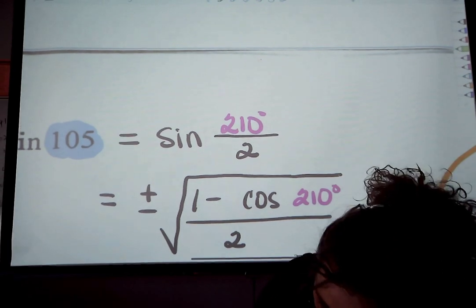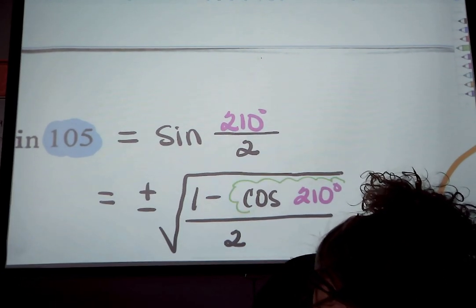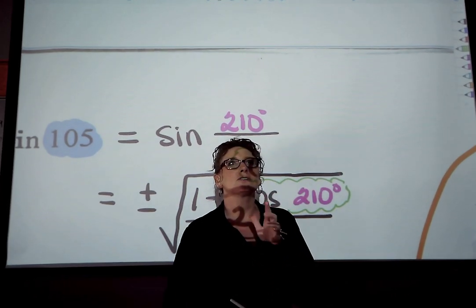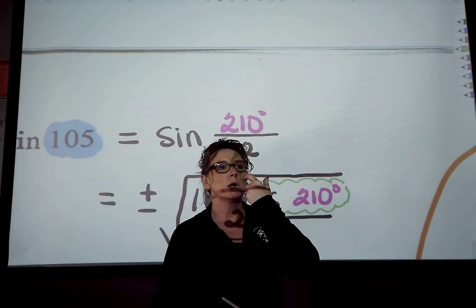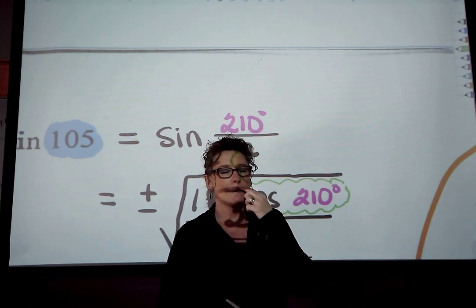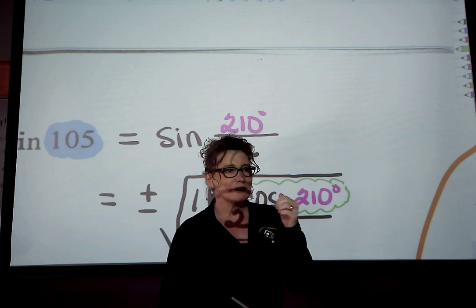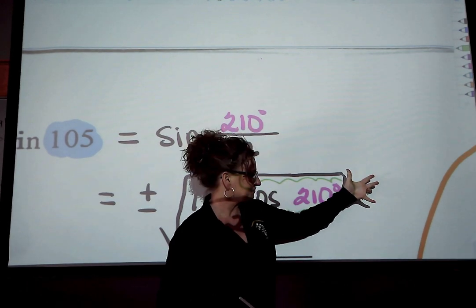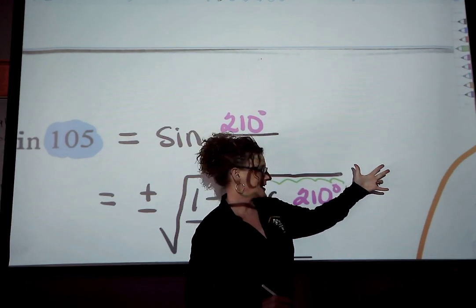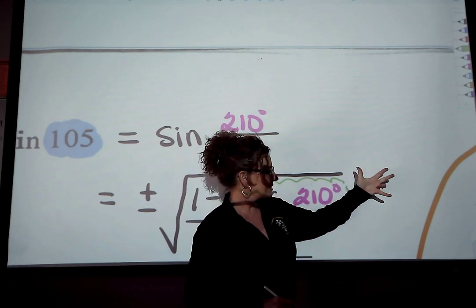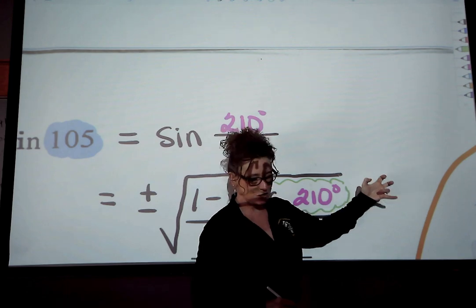I'm going to work on finding the cosine fraction for 210. 210 is 30 away from 180. So reference angle is 30. Man, it's hard for me to think in degrees. Reference angle is 30. Cosine fraction is radical 3 over 2.